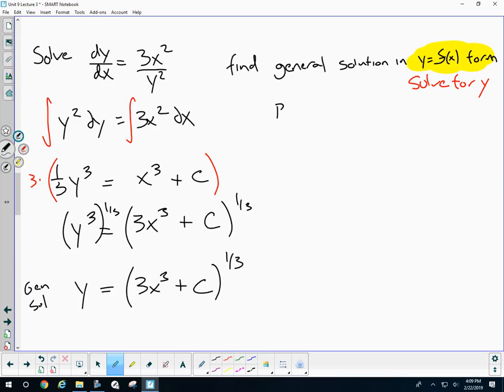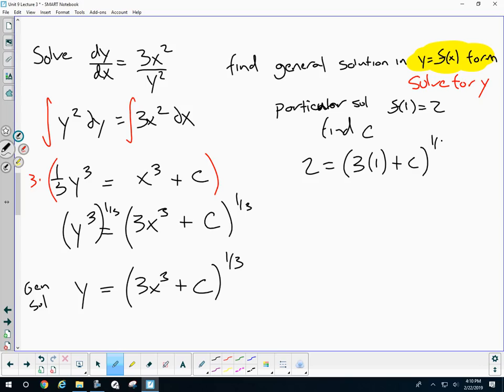Now, I might ask you to find the particular solution with an initial condition. You can go. I'm going to keep talking. And all you would have to do is find c. 2 is equal to 3 times 1 plus c to the 1/3.